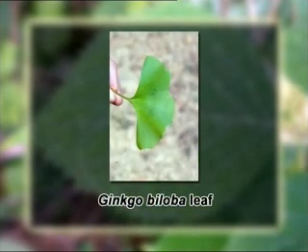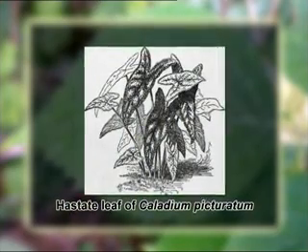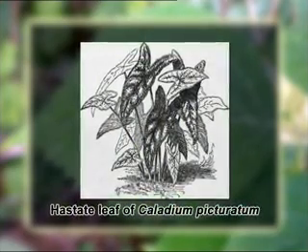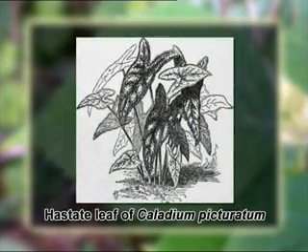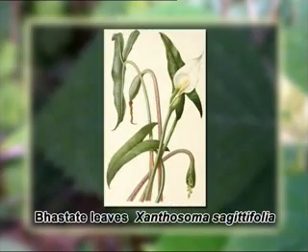Then flabellate, fan-shaped leaves. For example, Ginkgo biloba. Then hastate, that's shaped like an arrowhead and with the basal lobes pointing outwards. For example, Caladium species, Xanthosoma sagittifolium.